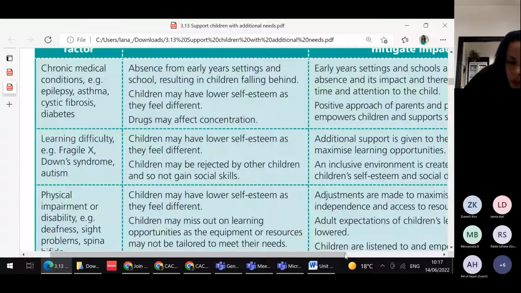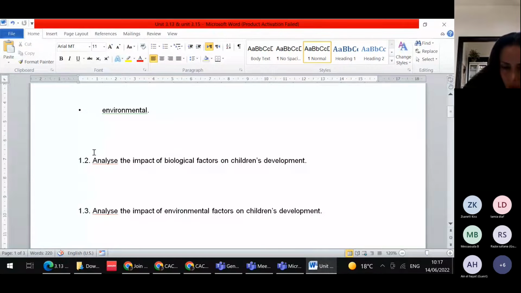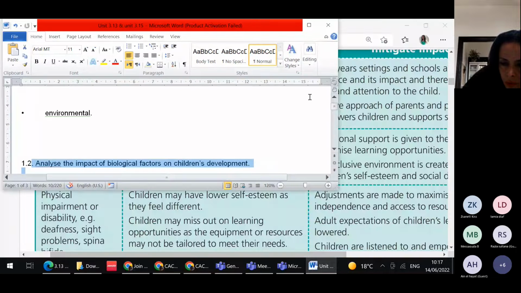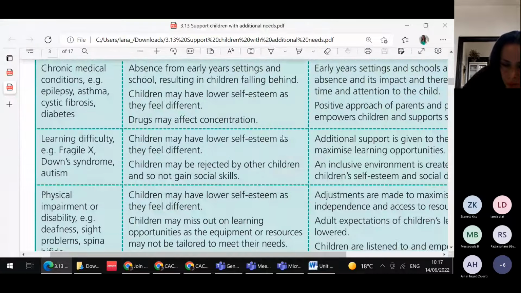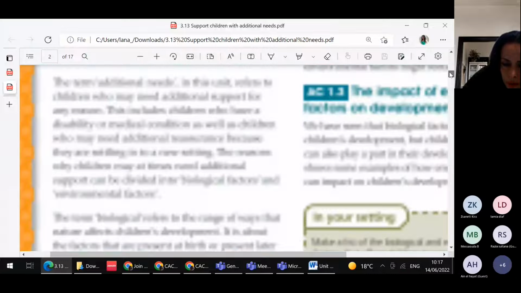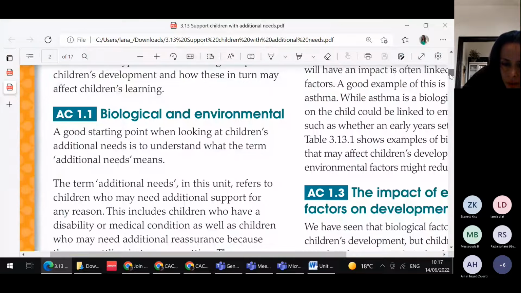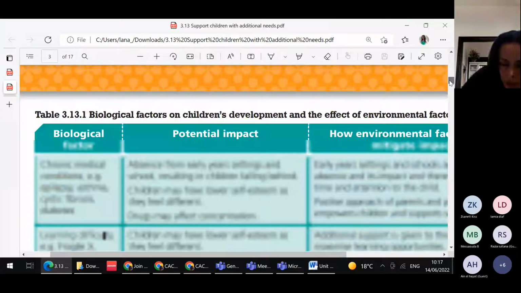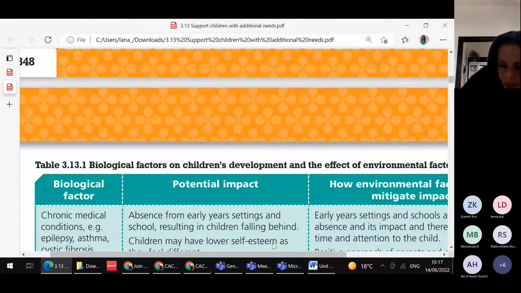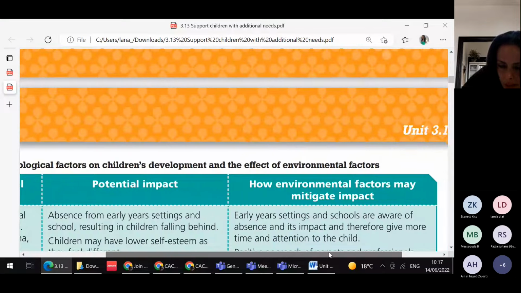Very good. So what it says here is to analyze the impact of the biological factors on the children. If I go up here, this is the potential impact, and this is how the environmental factors impact.